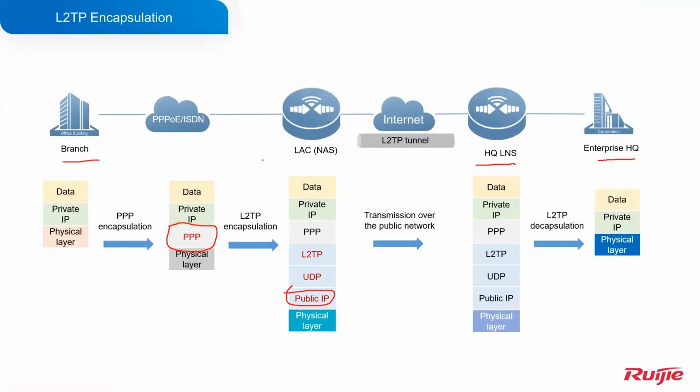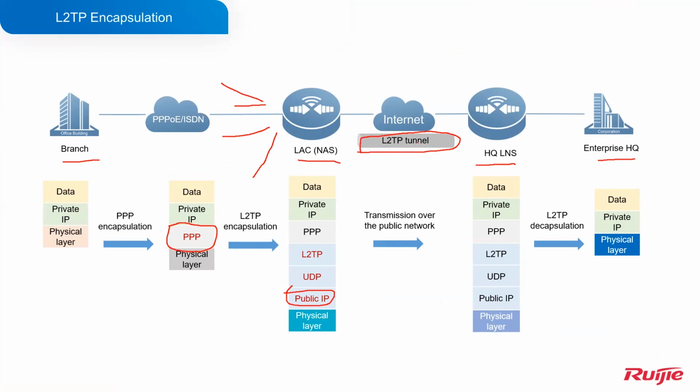Because like in this topology, between the LAC and LNS, maybe you only establish one L2TP tunnel, and one tunnel will have one tunnel ID. But if we establish the tunnel successfully, maybe lots of terminals will use the same tunnel to communicate with each other. So each terminal will have one session.